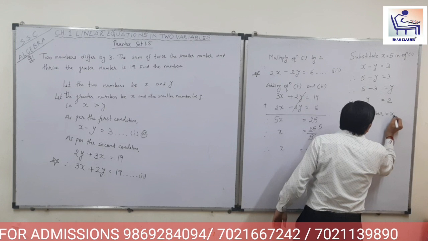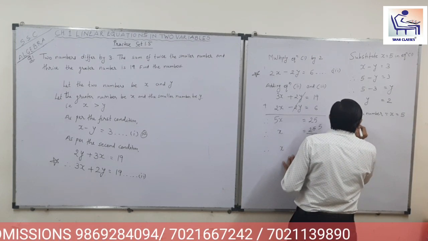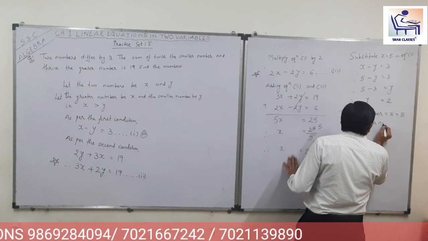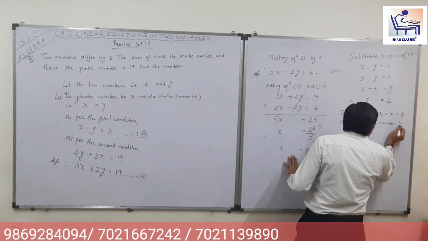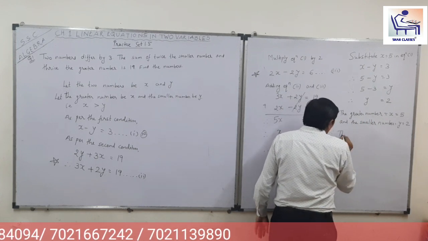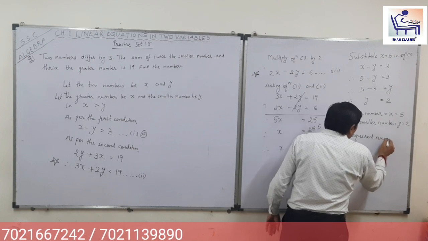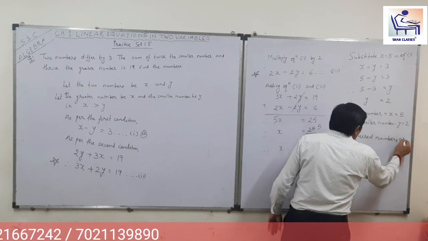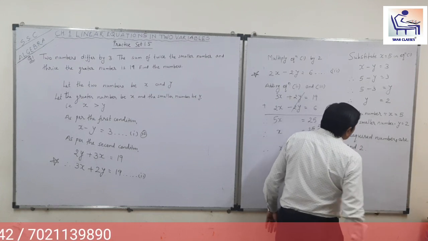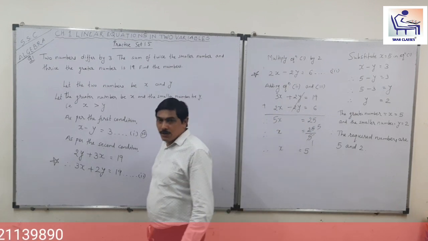So greater number is equal to x is equal to 5, and the smaller number is equal to y is equal to 2. So the required numbers are 5 and 2. Now we will just check whether our answer is correct or not.